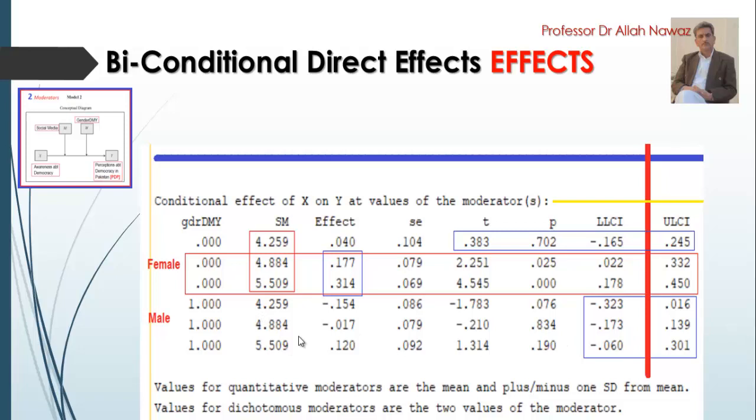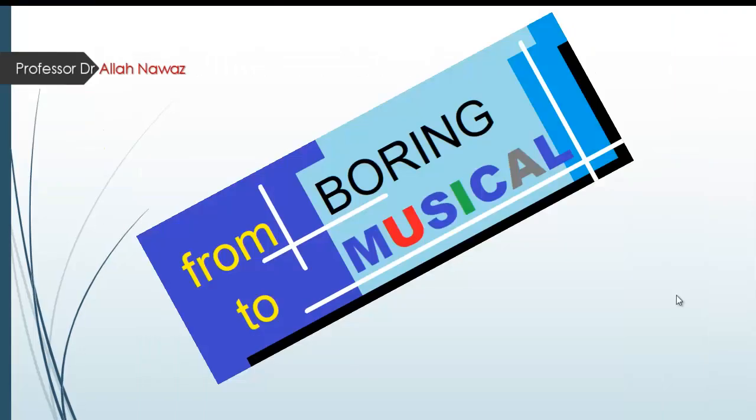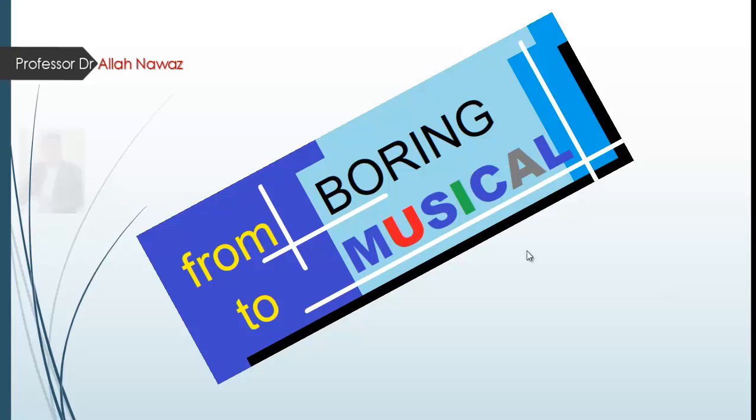So we can conclude from this that social media is working only in the case of female members in bringing changes in the relationship of X and Y. Today we used Model 2 from the Hayes database for computing the impacts of two moderators on the X and Y direct relationships.